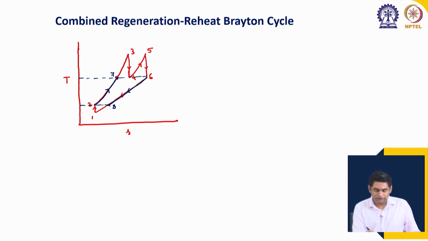In the real case, if I have a combined regeneration reheat gas turbine, the exhaust gases will go outside to the atmosphere at state 8, but in the ideal cycle we close out the cycle so that we can have a cyclic process by adding this constant pressure heat removal 8 to 1, as we have done for all the other cases. So, the two heat addition processes are from 7 to 3 and from 4 to 5, which should be equal for the optimal case. Let us try to analyze this cycle.